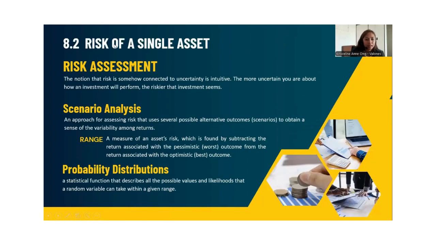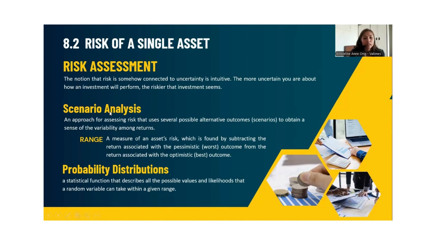Risk of a single asset. What is risk assessment? The more uncertain you are about how an investment will perform, the riskier that investment seems. So we have the scenario analysis and the probability distribution.